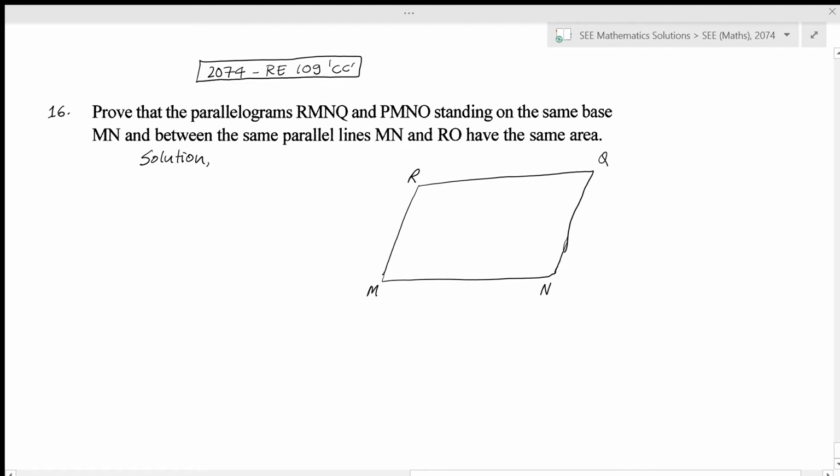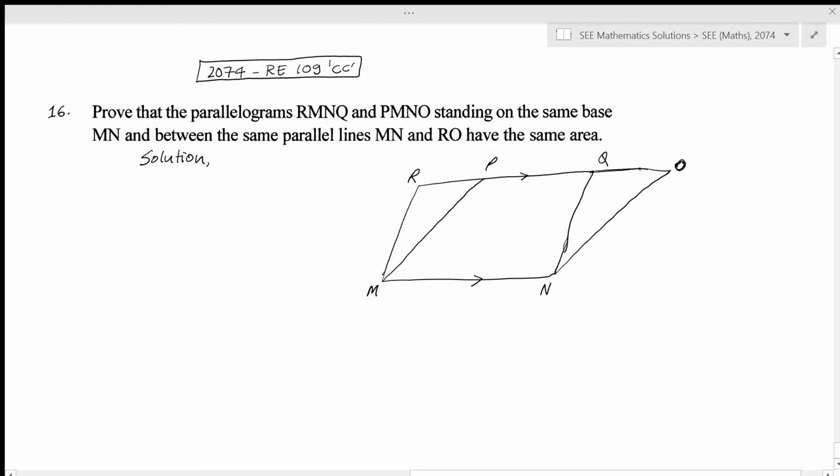So these are two parallelograms standing on the same base MN, and between the same parallel lines MN and RO. Yes, this and this are parallel, right?